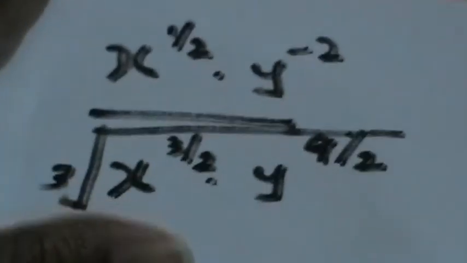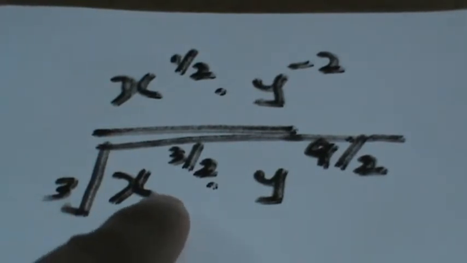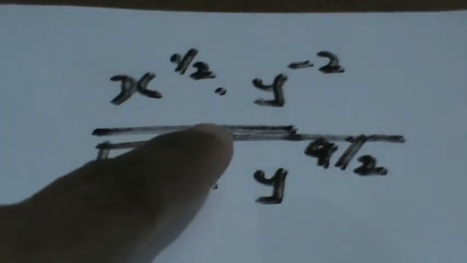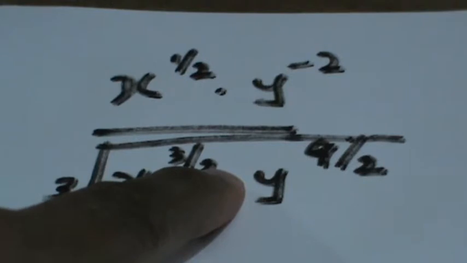If we have been given something like this, what is the value? So this is x to the power half, y to the power minus 2, over x to the power 3 divided by 2 times y to the power 9 divided by 2, whole thing to the power 1/3.